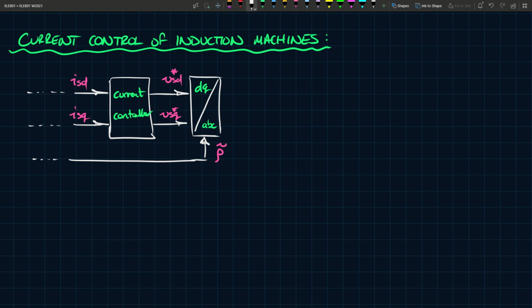If you haven't seen that video, I'll link that in the description below, so you can refresh yourself on what it is that we're talking about here. The outputs here will be VSA star, VSB star, VSC star, and they'll go to a PWM, pulse width modulation. And again, the power electronics is not really the focus of this material, so you'll have to work on your own to really understand what PWM is and how it's used.